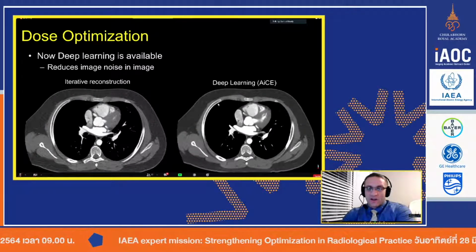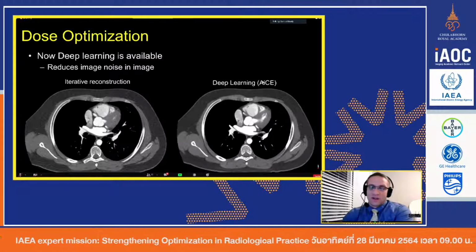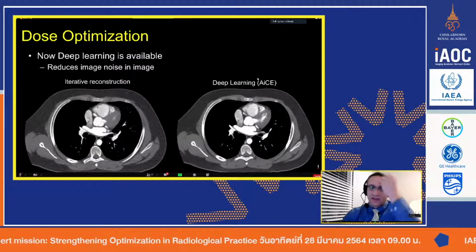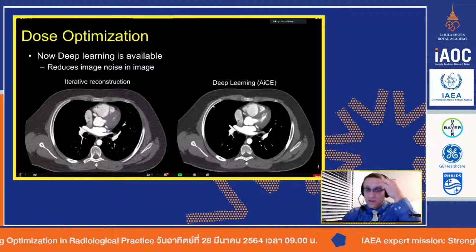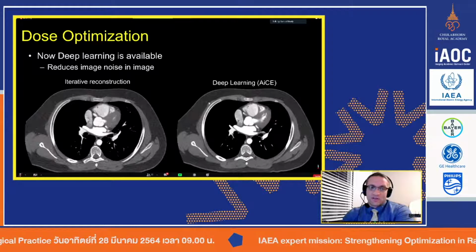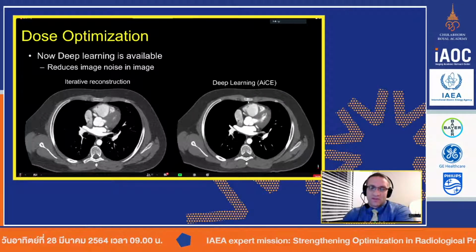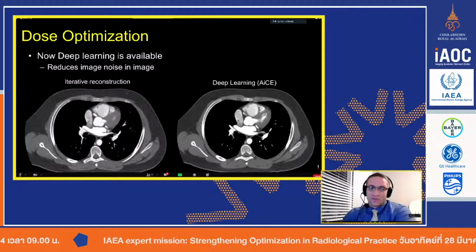Now, the other nice thing, and this is specific to the two vendors that we have, which is GE and Canon. If you look at the sharpness of the image, they not only try to clean up the noise, but they're also trying to enhance the structure, and they're trying to make the spatial resolution much finer.